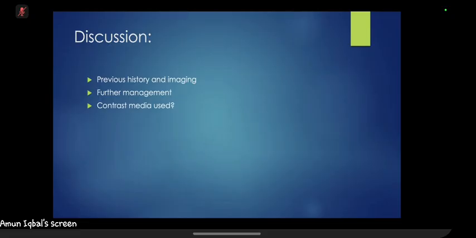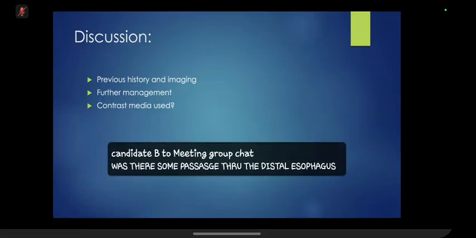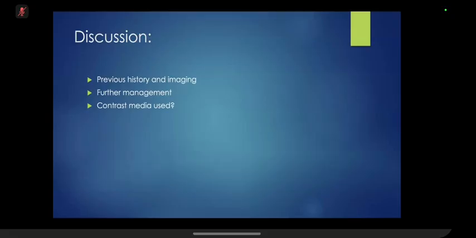So the best contrast here is the low osmolar contrast media. Okay, so you are saying that we should avoid barium because it can cause mediastinitis, and we should use the low osmolar contrast, a water-soluble contrast, right? Yes, water soluble low osmolar contrast media.